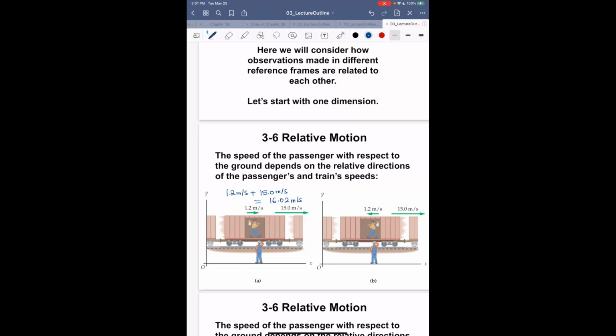And if we have that observer outside, but now the worker is moving in the opposite direction of the train, then the observer is going to measure on the ground 15 meters per second minus 1.2 meters per second, and this is going to be 13.8.